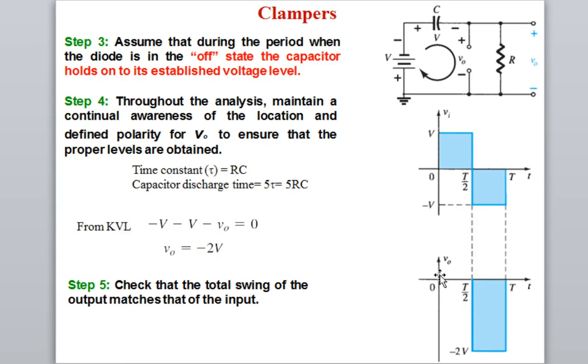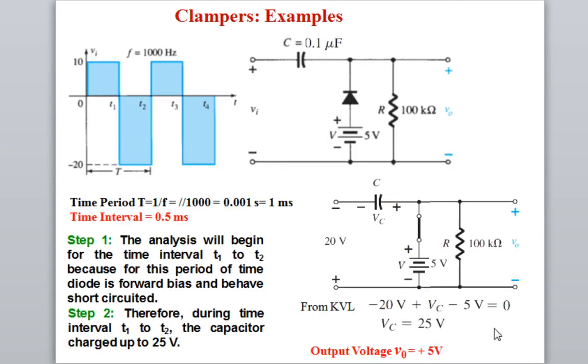Here, if you see, the appearance of the applied signal is not changing, only the DC level is changing, that's all. Now let us try to solve a numerical problem based on the clamper circuit.